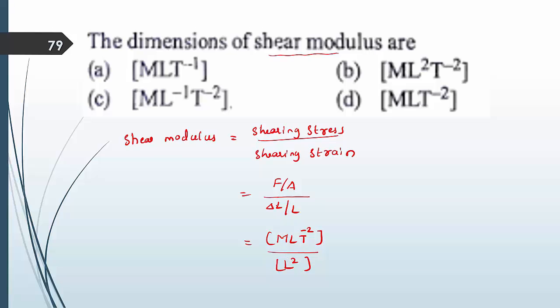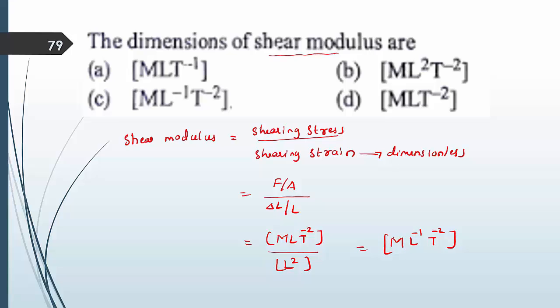In the denominator you can observe delta L is length divided by L indicates length. Length divided by length, they will get cancelled. So strain is a dimensionless quantity. Leave about the denominator part. Now we will get the final answer M L raised to 1, L raised to minus 2 will be L raised to minus 1, T raised to minus 2.